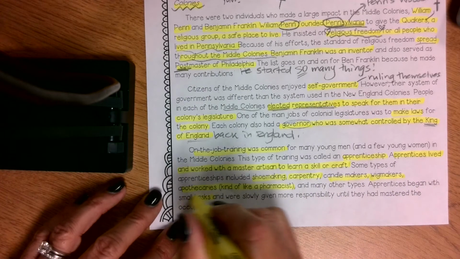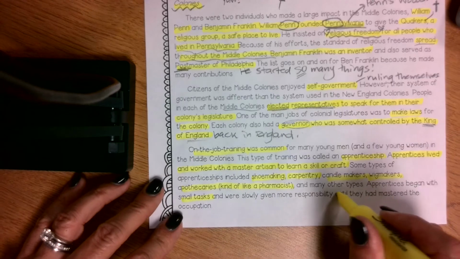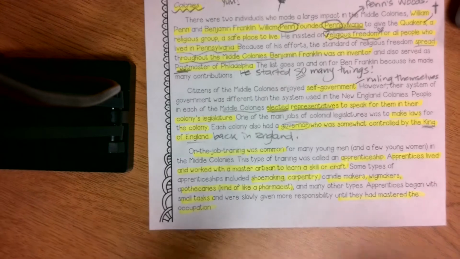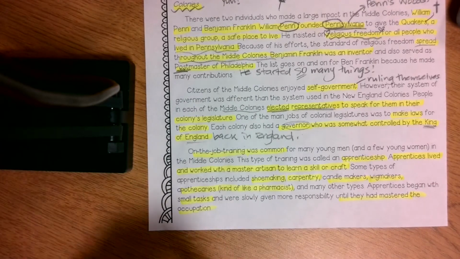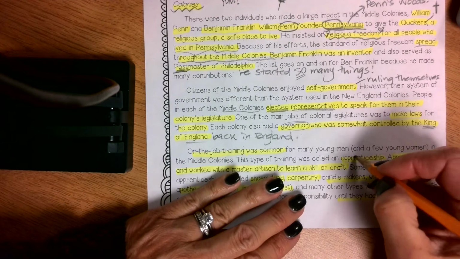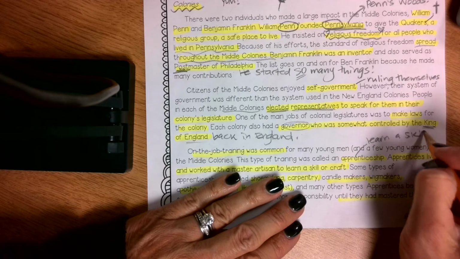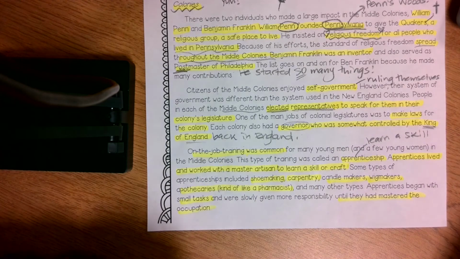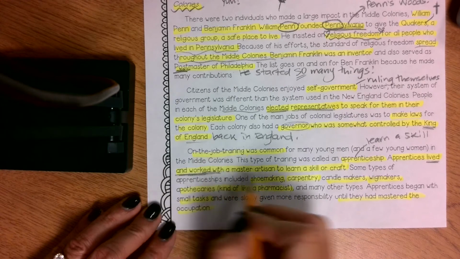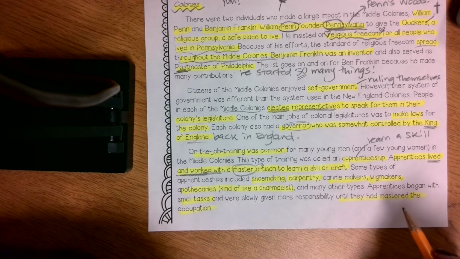Apprentices began with small tasks and were slowly given more responsibility until they had mastered the job. It's really cool. So if you could be an apprentice, think about what you might like to learn to do. So an apprenticeship, it's where you learn a skill so you can do the job with it later. And you're going to live with and work with the master artisan, the person who's really good at it.